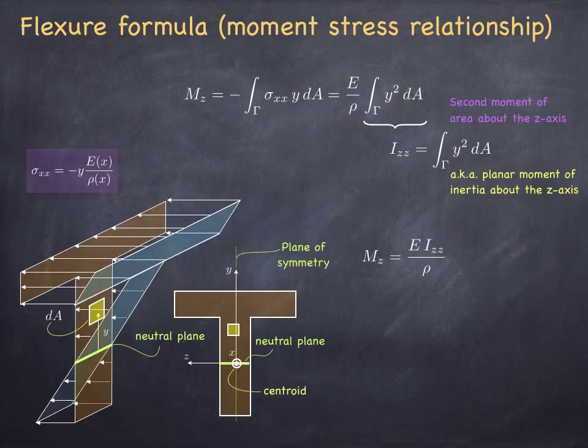This product is often referred to as the bending stiffness, and in this particular case it is the bending stiffness about the z-axis. So if we read this expression in words, we would say that the bending moment is equal to 1 over the radius of curvature times the bending stiffness, or equivalently, the bending moment is equal to curvature times the bending stiffness.